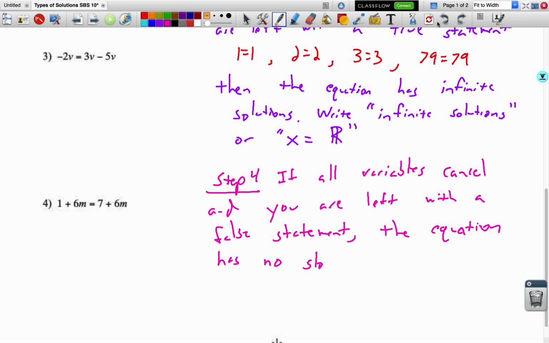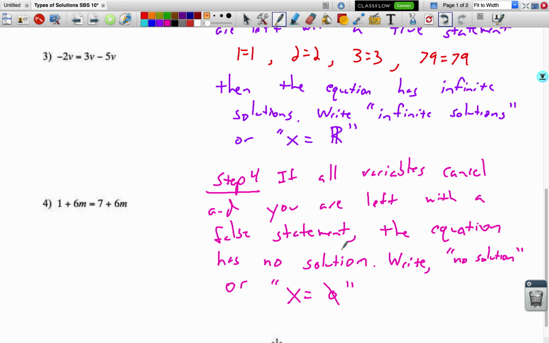So we're going to write no solution. Or x equals, and it's this fancy crossed out circle that means null.